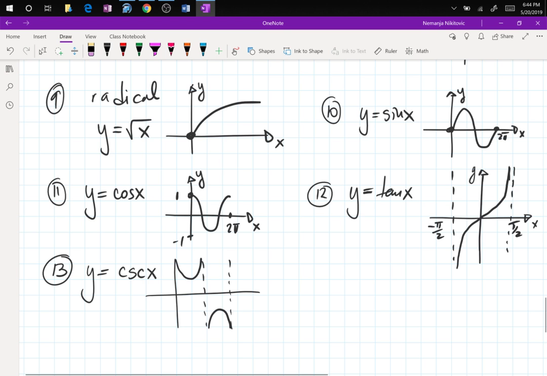Secant is a flip of cosine. So now you will draw cosine. You will draw vertical lines wherever cosine hits 0, and you will invert the cups. You should get 3 pieces.